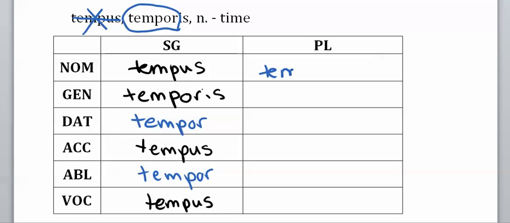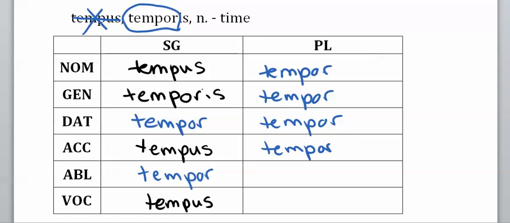If I had used the nominative singular instead, things would not have gone well for me because I would have had no idea about the OR. So that's why it's crucial that you get the stem from all the letters in front of the ending on the genitive singular. The ending was is, and you take that away, you get tempor.